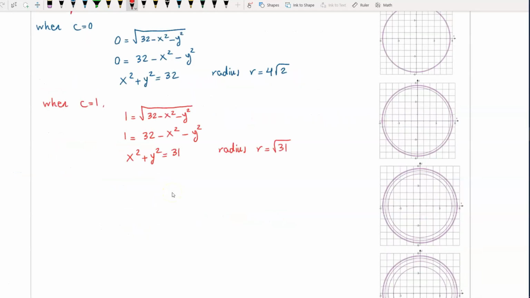Now c equal to 1, so we have 1 equal to the square root of 32 minus x squared minus y squared. So that's 1 equal to 32 minus x squared minus y squared. And here we have x squared plus y squared equal to 31. So here we have a circle centered at origin 0, 0, and radius equal to square root of 31.